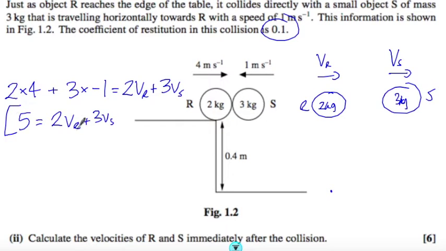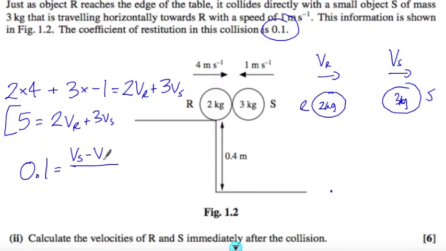Okay, now we can't solve this because it has two unknowns and only one equation. So we're going to use the coefficient of restitution to come up with another equation. Remember the definition: the coefficient of restitution is the speed of separation divided by the speed of approach. So the speed of separation here is VS minus VR.